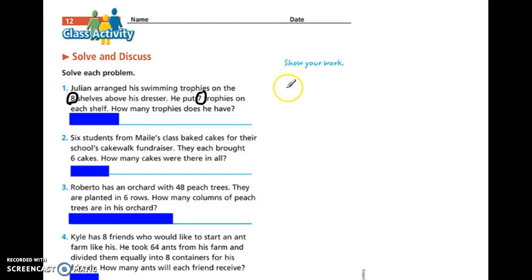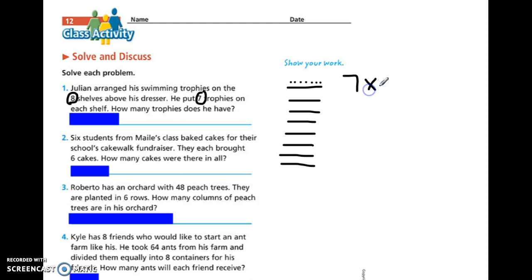So he has 8 shelves, 1, 2, 3, 4, 5, 6, 7, 8 shelves. He put 7 trophies on each, 1, 2, 3, 4, 5, 6, 7. Now I'm not going to write all of those out, but what could I do to solve this? And you're right, if you said you could multiply. I'm going to do 7 times 8.